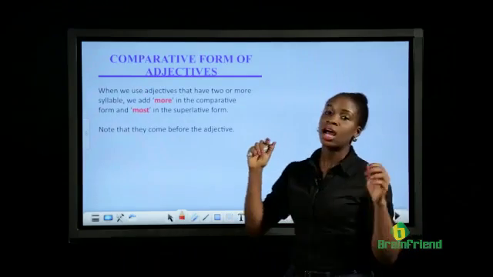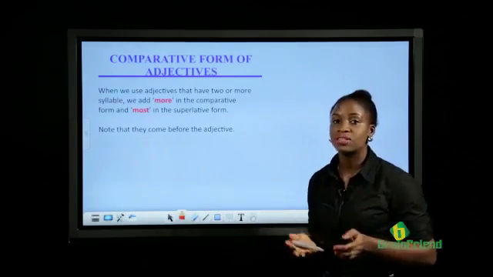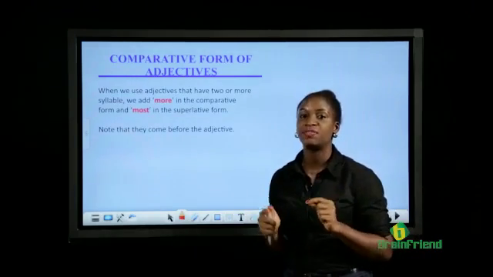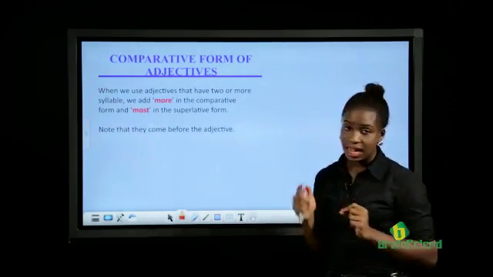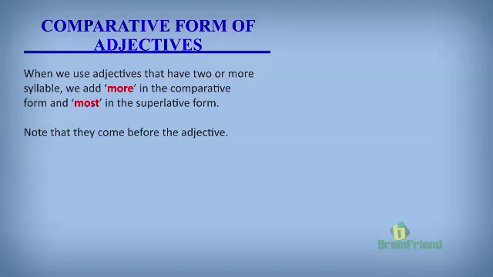Now we also have another special type of adjectives that we form the comparative and superlative in a different form. There are adjectives that have more than one syllable, adjectives with two or more syllables. When we have such adjectives, we add more to the word in the comparative form.